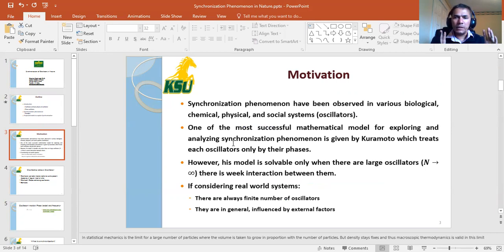We don't know the clear picture of synchronization yet. I'm going to elaborate on it, but we observe this phenomenon in real life. There are biological systems that exhibit synchronization, like collective behavior. We also observe this in chemistry, in some physics experiments, and also in social systems, which is very interesting.